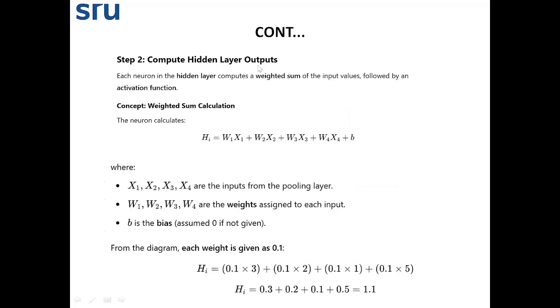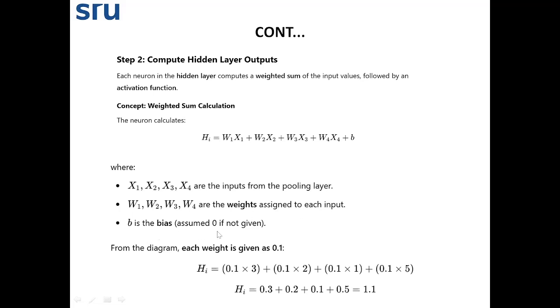Compute the hidden layer output. Here we have to compute a weighted sum. The neuron calculates Hi equal to W1 into X1 plus W2 into X2 plus W3 into X3 plus W4 into X4 plus bias, where X1, X2, X3, X4 are inputs from the pooling layer, and W1, W2, W3, W4 are weights assigned to each input.